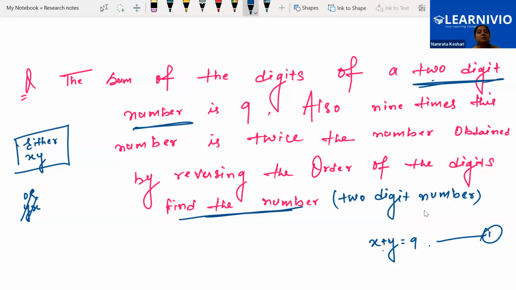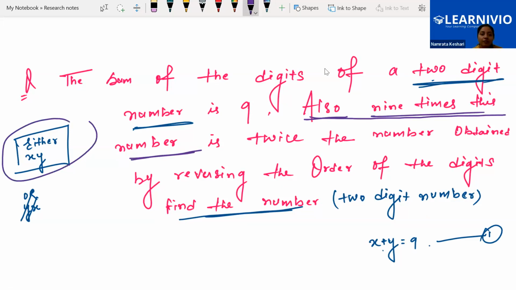Now the next statement is confusing. It says that 9 times this number is twice the number obtained by reversing the order. 9 times this number, which number?